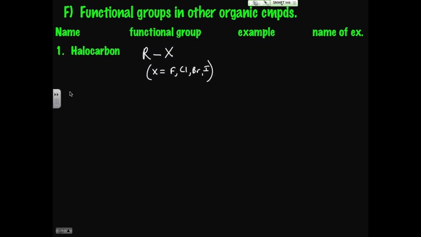Now those are the four. Usually don't have it with astatine. So chlorine, bromine, and iodine. Okay? So R represents your carbon chain, and then the X could be chlorine, bromine, whatever. Here's an example. 1, 2, 3, and let's put a bromine off of that second carbon.